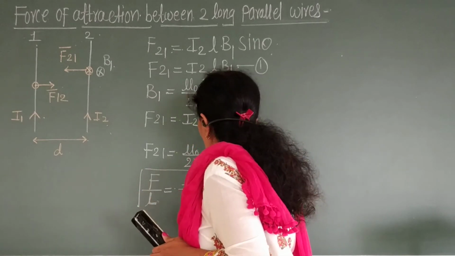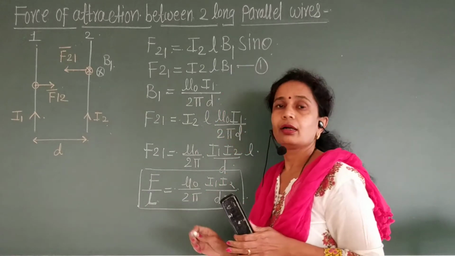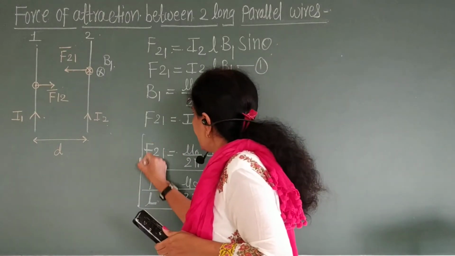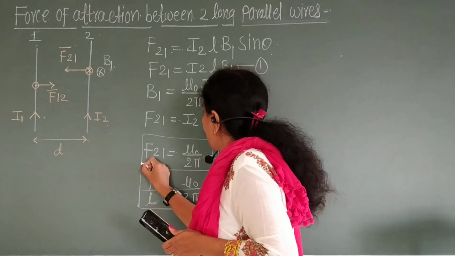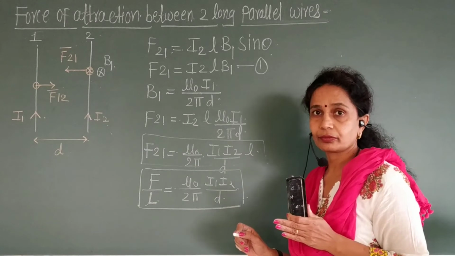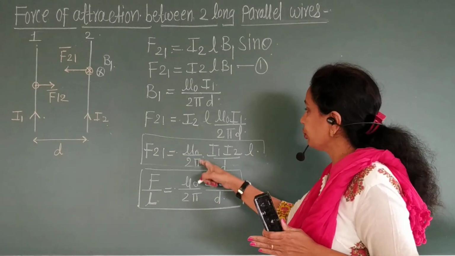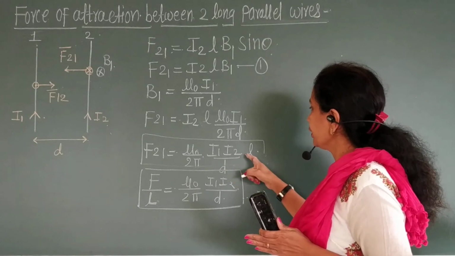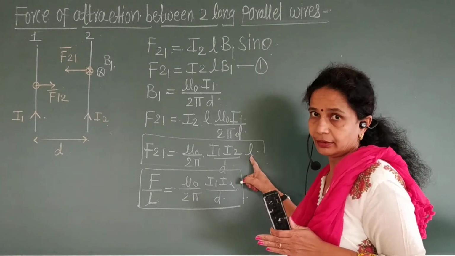This is the value of force of attraction per unit length, and this is the value of force of attraction of the wire. F21 is equal to mu0 upon 2 pi, I1 I2 upon d, into L.